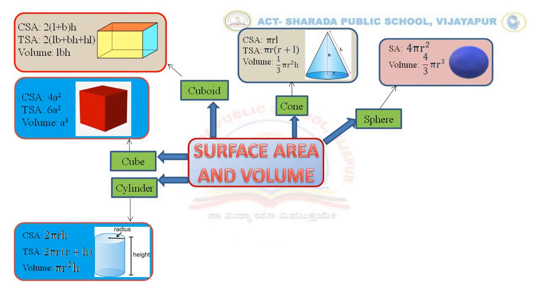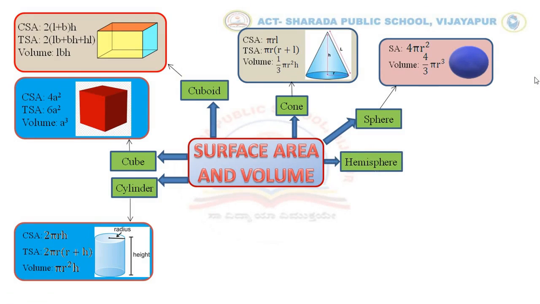It has only one surface area, given by the formula 4 pi r square, because we have already studied that when a rope or thread is wound over the sphere and extended to form circles, it makes four equal circles. That's why the surface area of the sphere is 4 pi r square, and the volume of the sphere is given by 4 by 3 pi r cube.